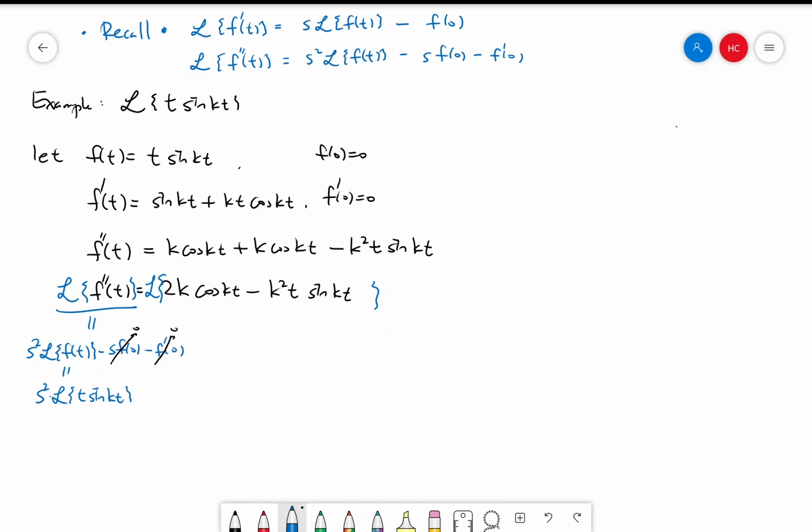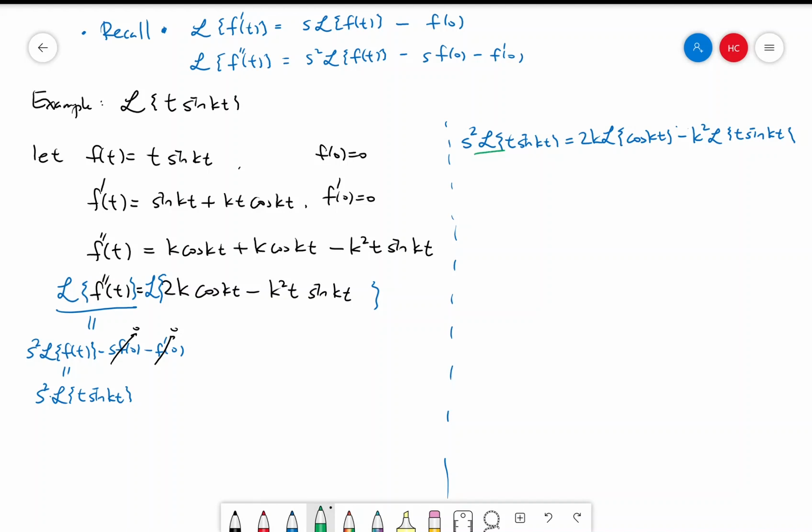Let's move to the right. That means s squared times the Laplace transform of t sine kt is equal to 2k times the Laplace transform of cosine kt minus k squared times the Laplace transform of t sine kt.